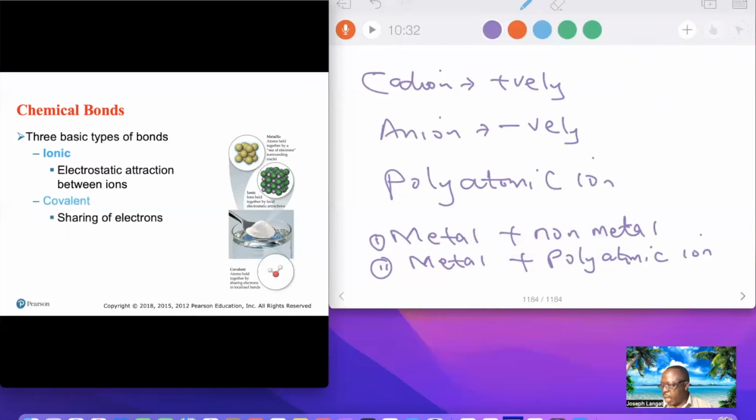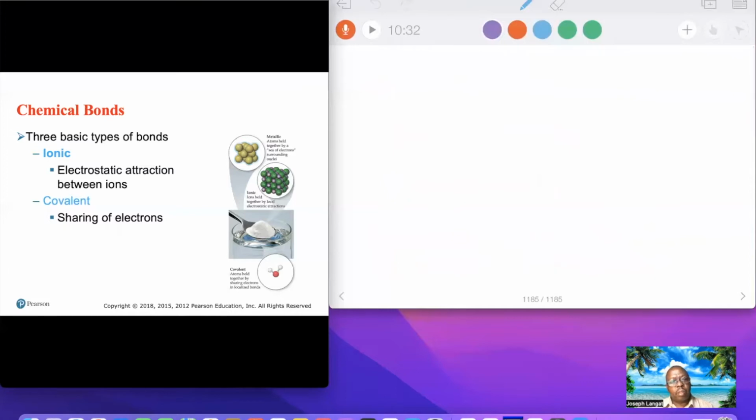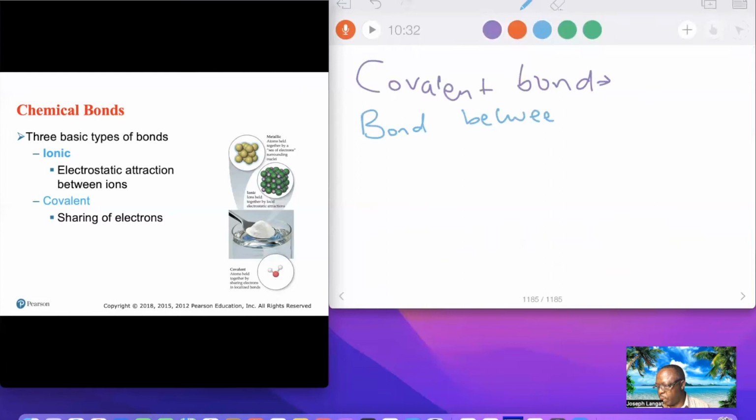Covalent bonds are bonds between two or more non-metals.